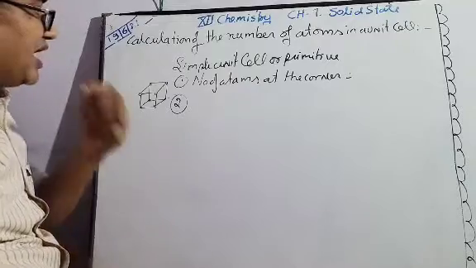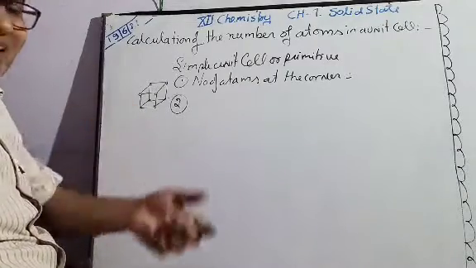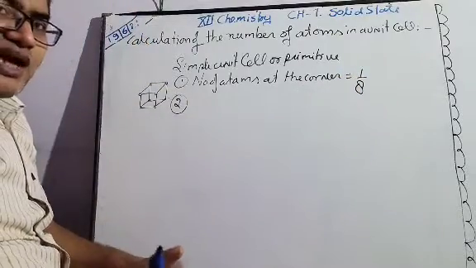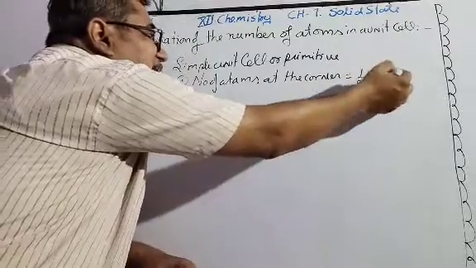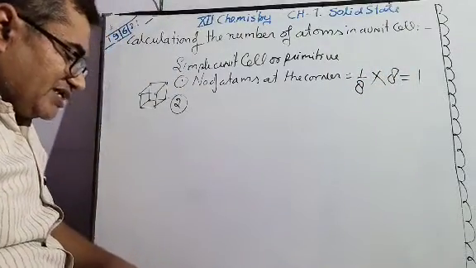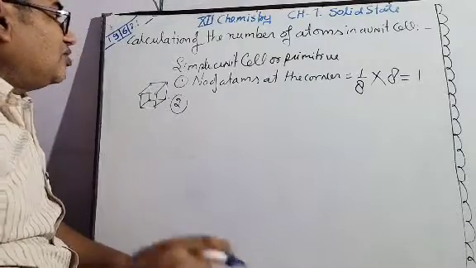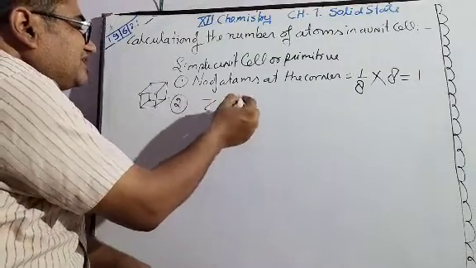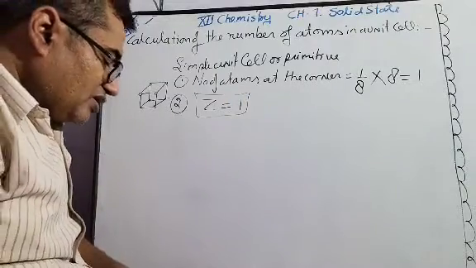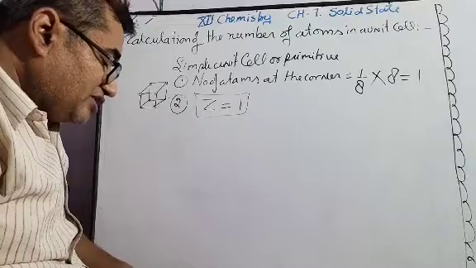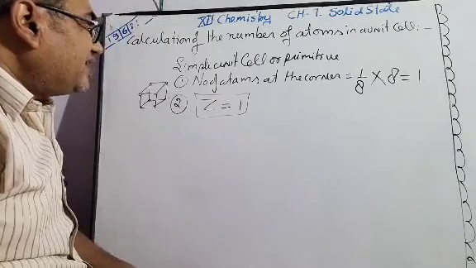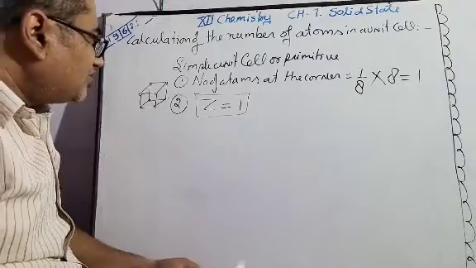With the help of 1/8 of an atom, which is the contribution of one corner atom, multiplied by 8 atoms. So it becomes only 1. Simply we can say that in a simple unit cell only one atom is present, so Z is only 1, by the contribution of the corner points.